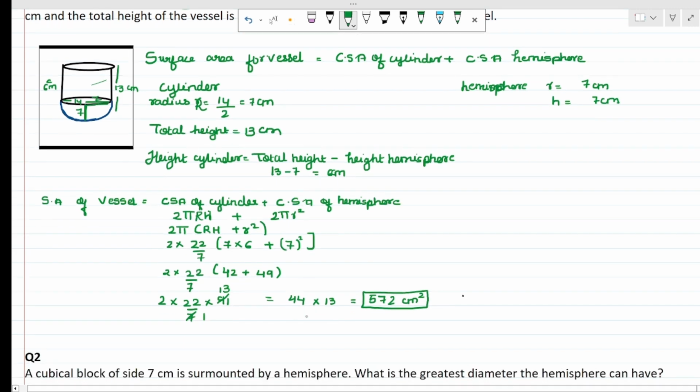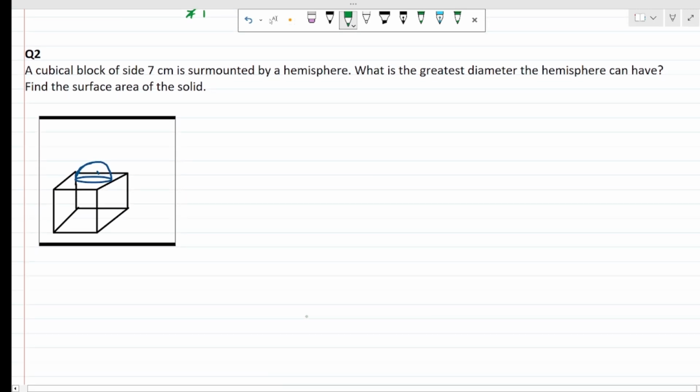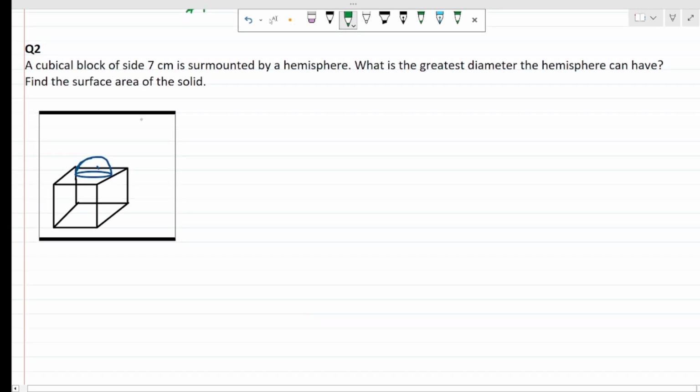Moving on to the next question, which says a cubical block of side 7 centimeter. That means the edge, the length of our cubical side, is 7 centimeter. It is surmounted by a hemisphere with the greatest diameter which it can have.